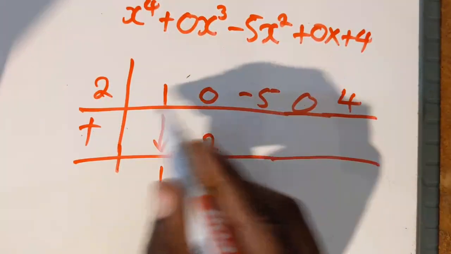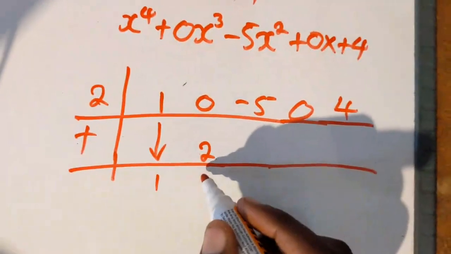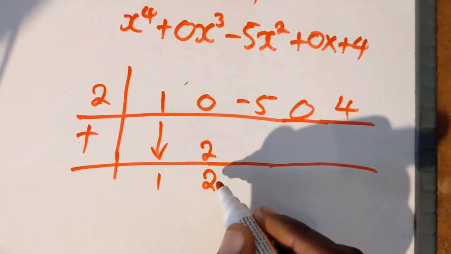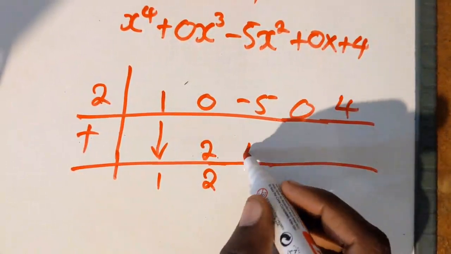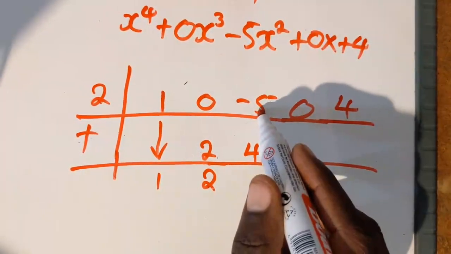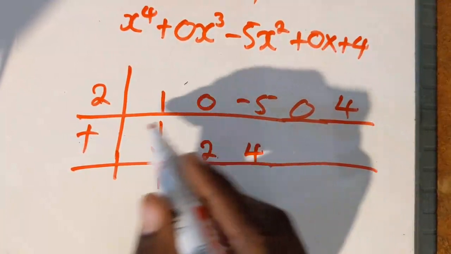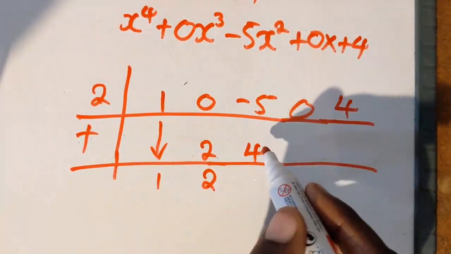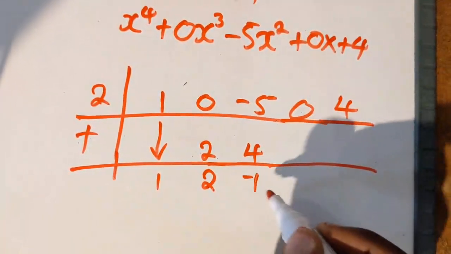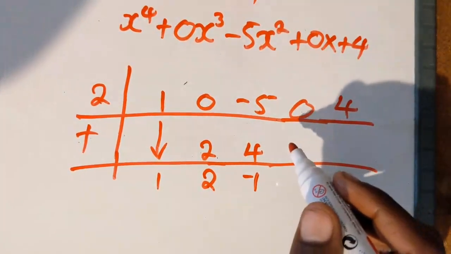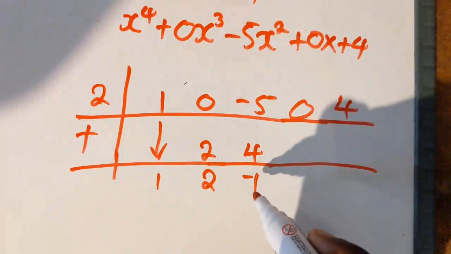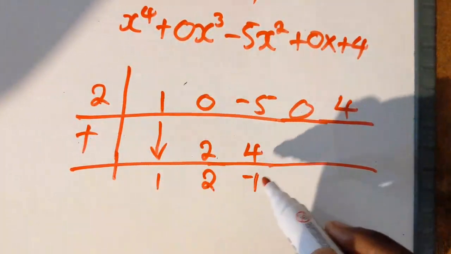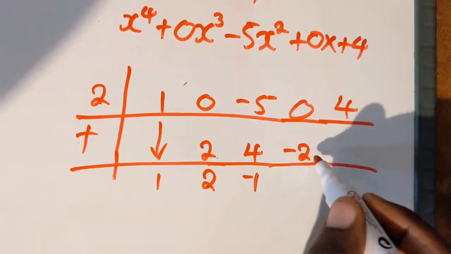So we'll say 0 plus 2, that is going to give us 2. Then 2 times 2 is going to give you 4. Then negative 5 plus 4 is going to give you negative 1. Then 2 times negative 1 is negative 2, right?